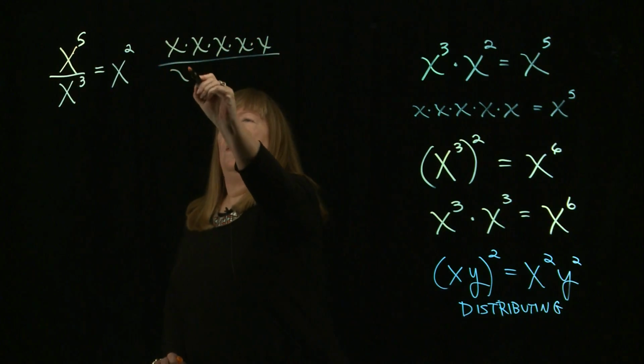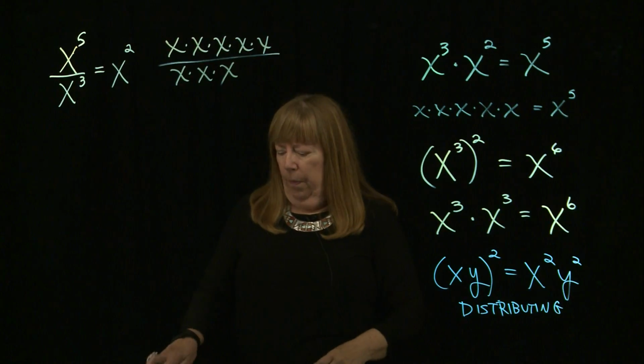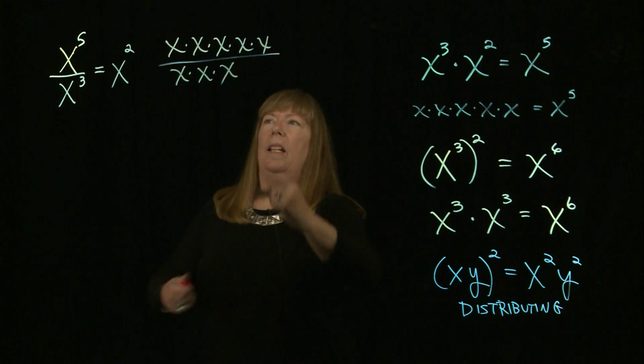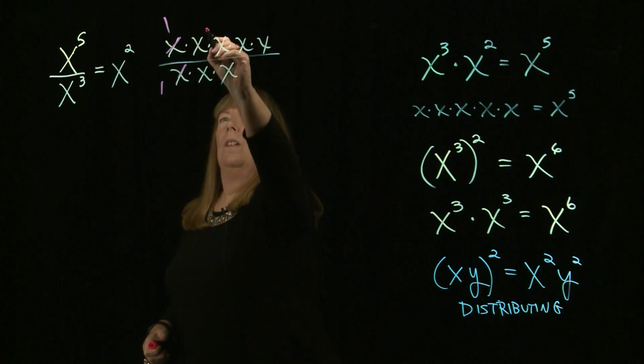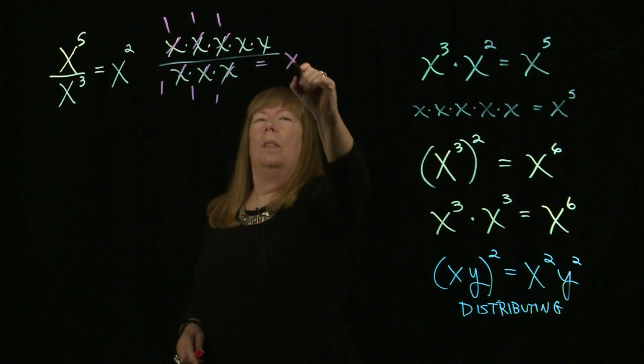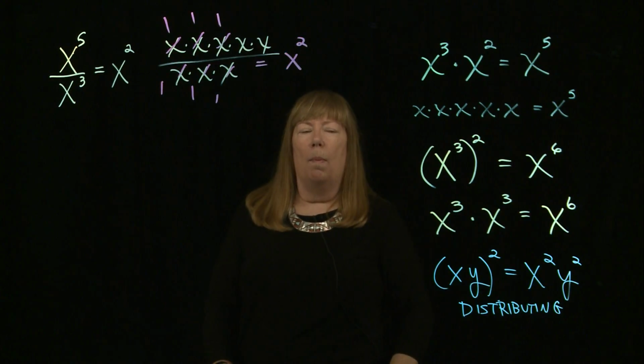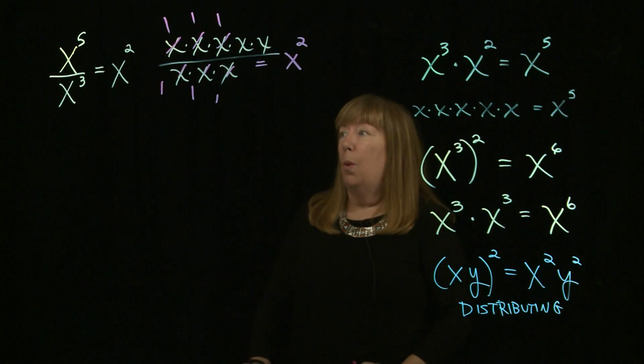There's x to the fifth divided by x to the third. What do we know about anything over itself? It is 1. So can you see why x to the fifth divided by x to the third is x squared?